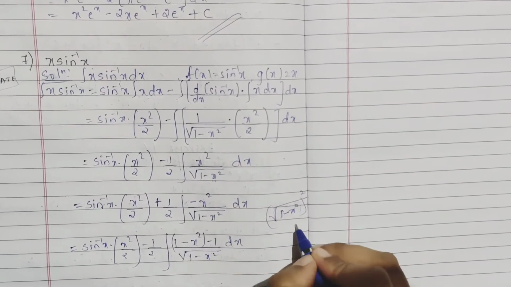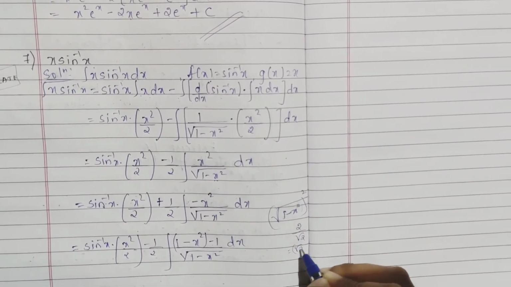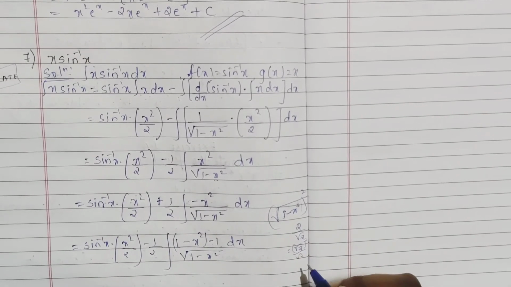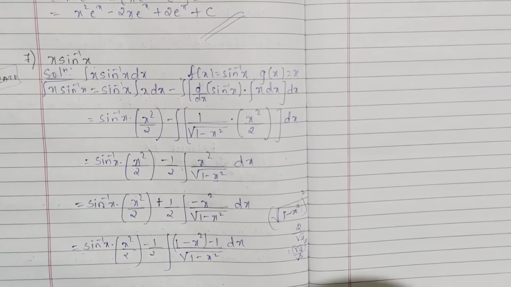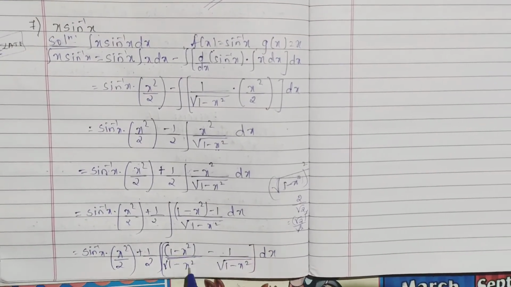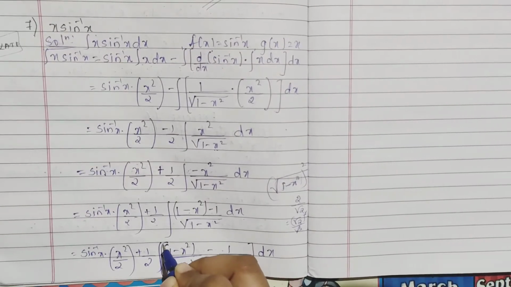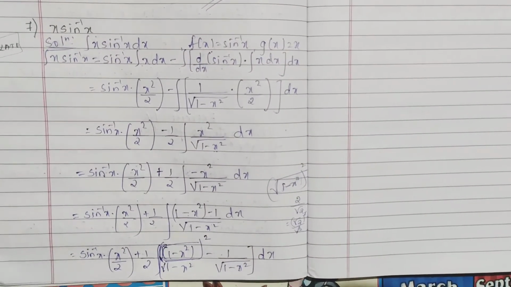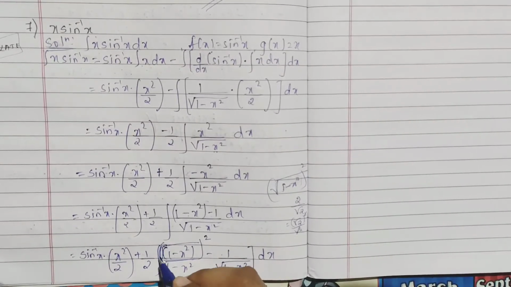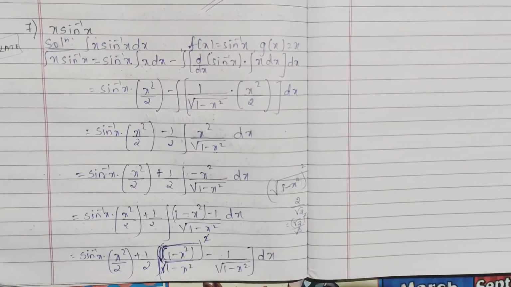Like if you have 2 divided by root 2, now my 2 I can write as root 2 whole square divided by root 2. Why? Because here root I want to cancel off. This 1 minus x square only I can write it as root square, so that this root and this root gets cancelled off.